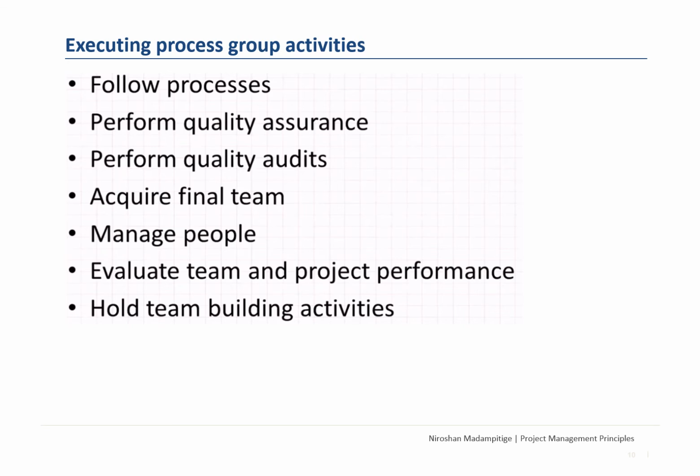The next set of activities that you would do would be following the processes. During the executing process, you also have to follow various processes agreed by the project team and stakeholders. You perform quality assurance, absolute must. So in traditional teams, this is kind of a strong area, but we need to focus heavily on the quality assurance aspect. You also perform quality audits.